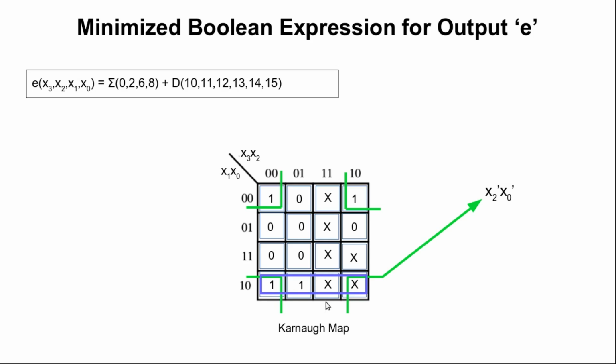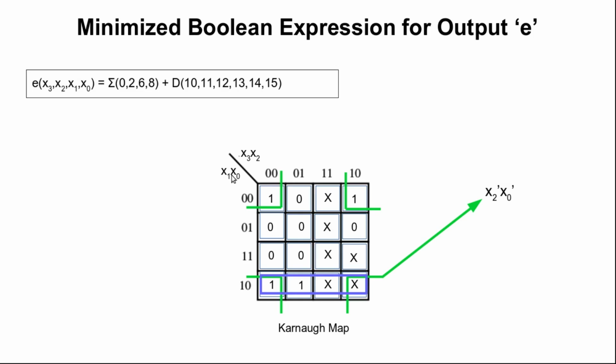Whereas x3 and x2 will change, x0 and x1 will not change. For all the 4 cells, the value of x1 and x0 will be 1 0. So x1 and x0 will not be discarded, whereas x3 and x2 will be discarded. And since x1 is equal to 1, it will be x1, and x0 is 0, so it will be x0 prime.